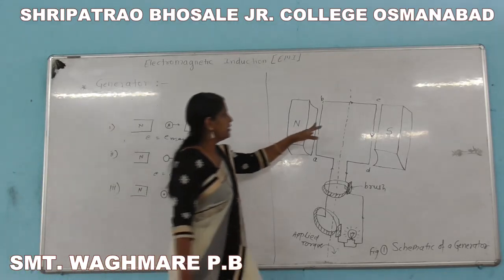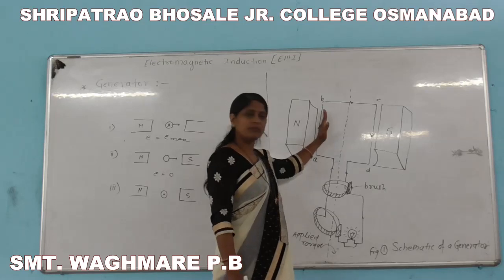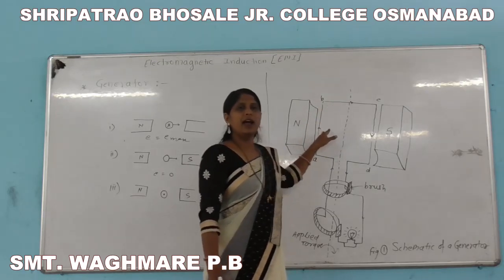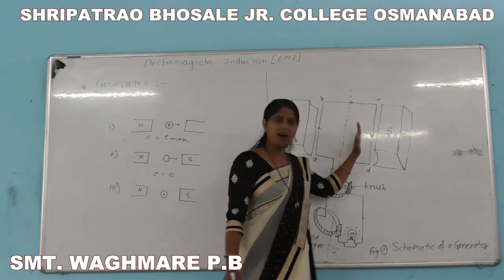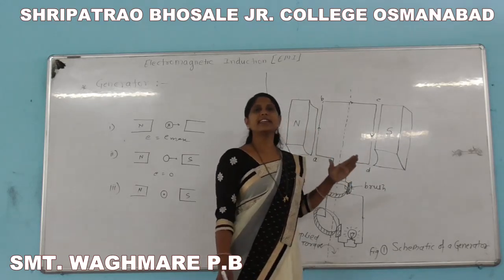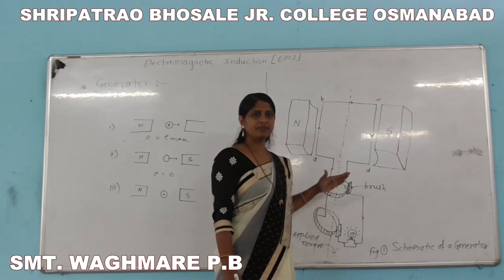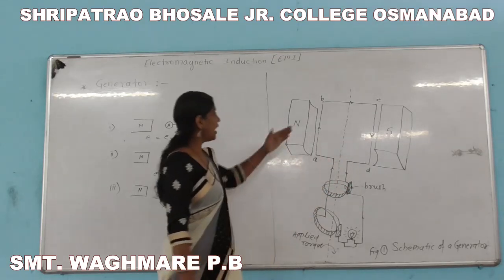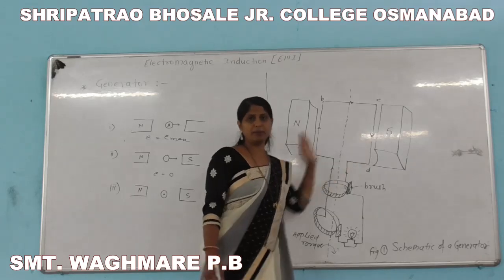First of all, the direction of current inside AB is inward, and when this side comes to this side, then the direction of current is out of the plane of paper.